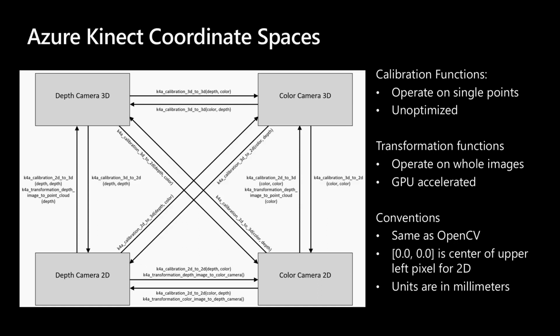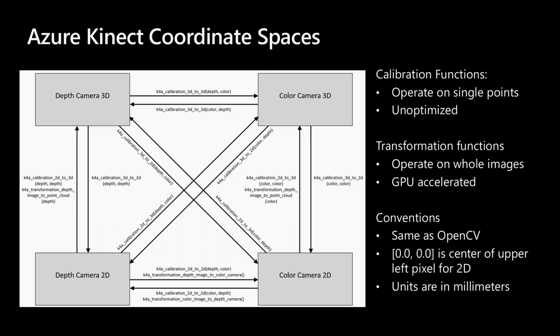There's a couple of important notes on those methods. First, the calibration functions, the ones with calibration in their name, are designed to operate on single points. They're unoptimized code. This is up in our open source SDK, so people can see how things work, potentially integrate those algorithms into your own design of how to do calibration or transformation operations.